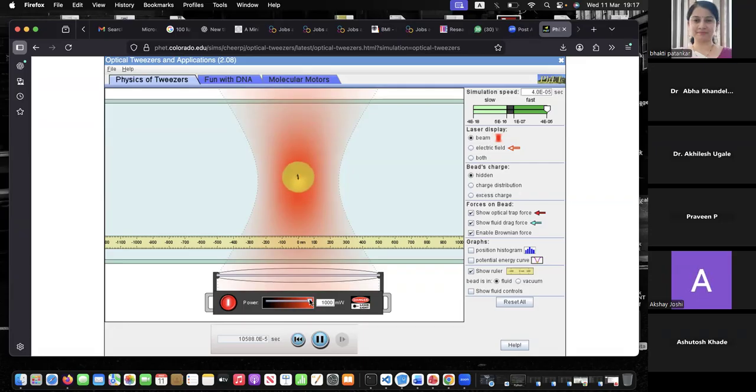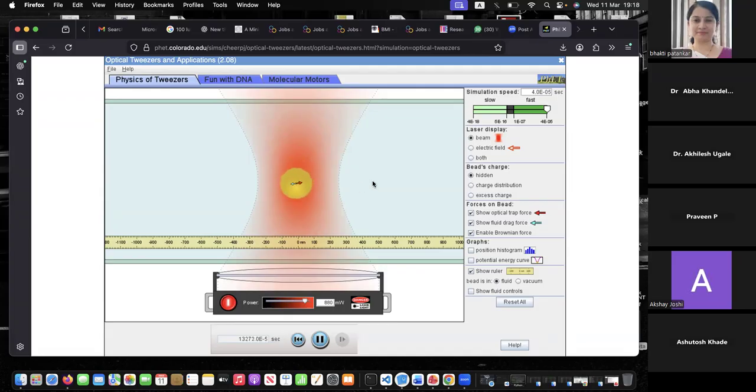Now let's do the opposite and decrease the power. This is 0, which means the laser is off. Now the bead is making longer excursions from its mean position. Now let's turn the laser back on. There you go, it's trapped once again.